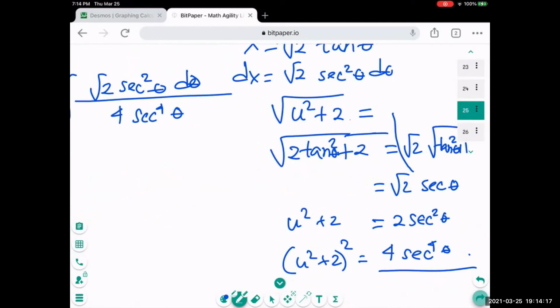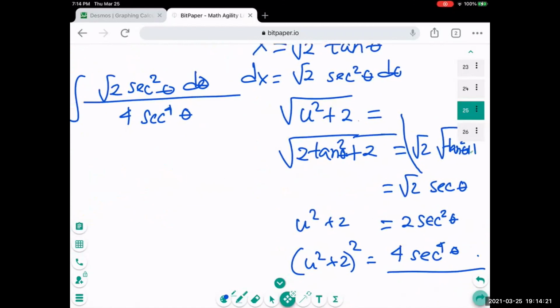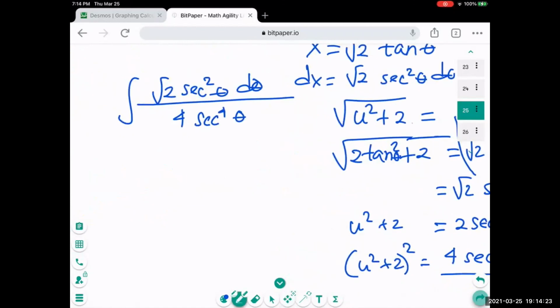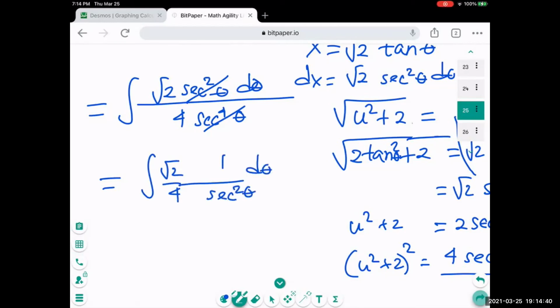So, let's see what else we can simplify. Yes, we can cancel. So, this is canceled. So, square root of 2 over 4, 1 over secant squared of theta, d theta, right? So, what is 1 over secant squared?